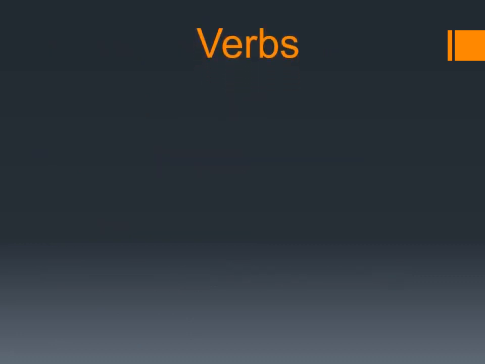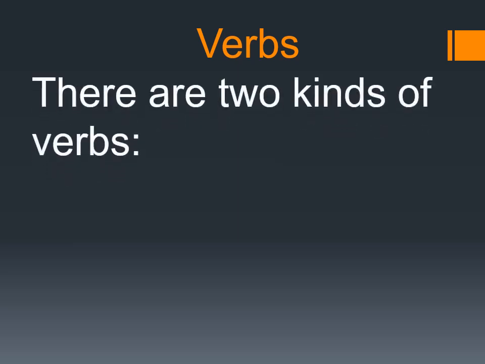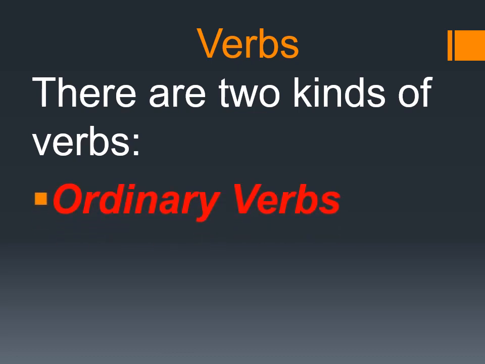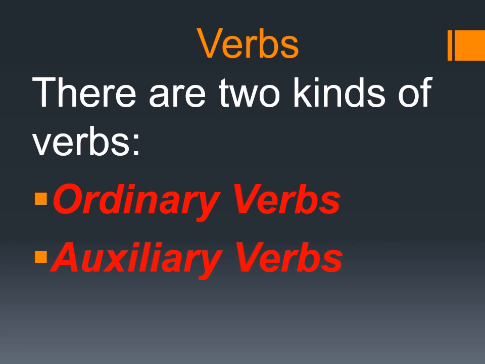First of all, the question arises, what are verbs? There are two kinds of verbs. Number 1, ordinary verbs. Number 2, auxiliary verbs.